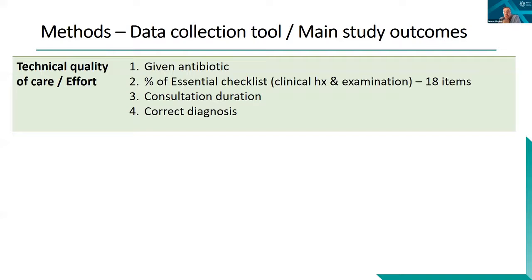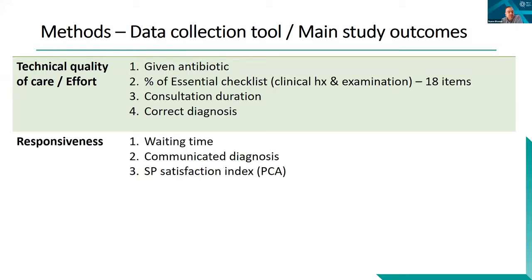We looked at how long the consultation is, how many minutes they spent, and whether or not the SP was given the correct diagnosis. In terms of responsiveness, we looked at things like how long they had to wait, whether or not the provider gave them the diagnosis without prompting, and we also got our SPs to evaluate certain dimensions of the consultation on a scale.